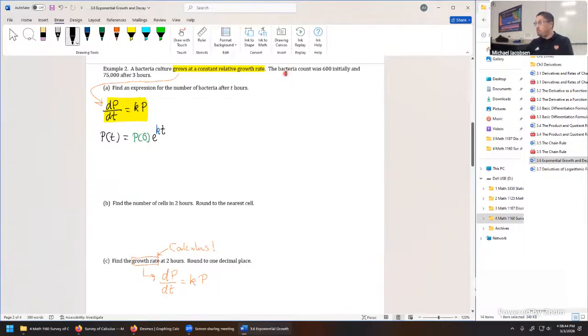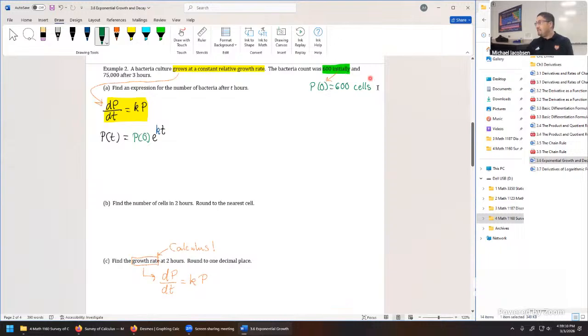Reading through the context, we're further told the bacteria count was 600 initially. And that initially right there is a major, major keyword. 600 initially is now telling us that the population size at time 0 is 600 bacteria. I'll say 600 cells for short.